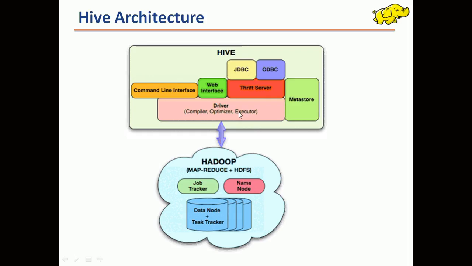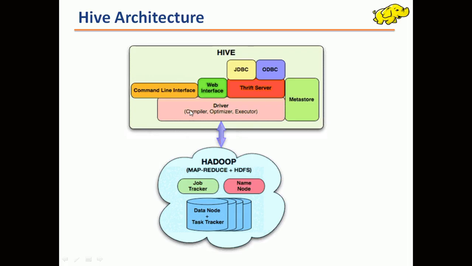Hive has something called a driver, which has three main components or processes which translate your Hive query into a MapReduce job: the compiler, optimizer, and executor.